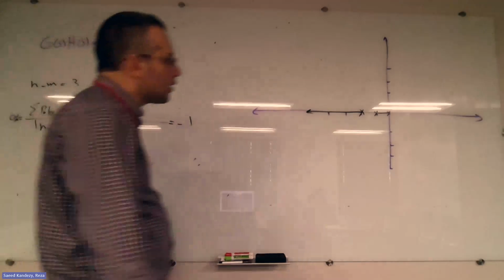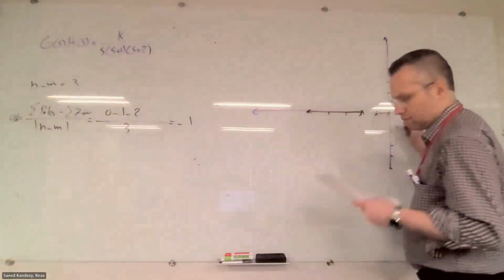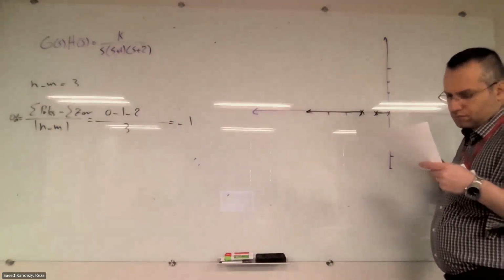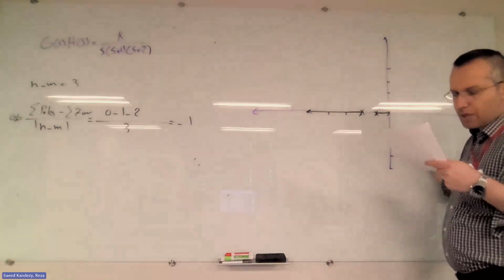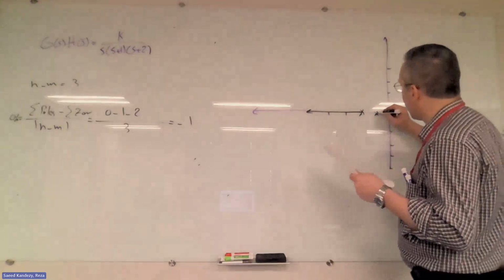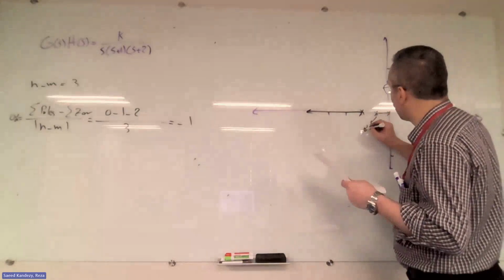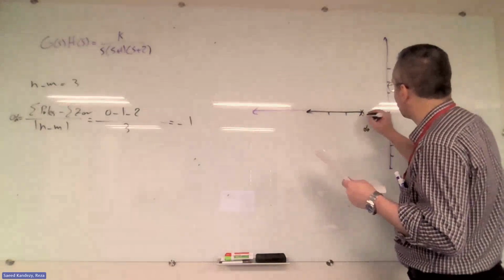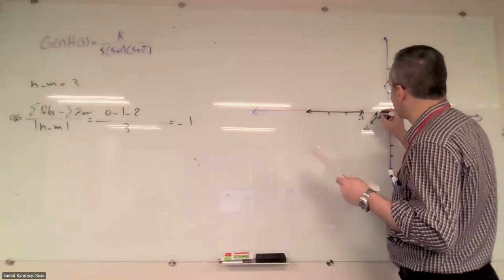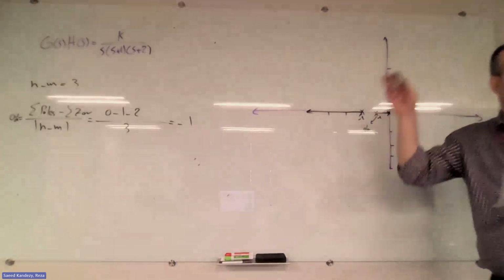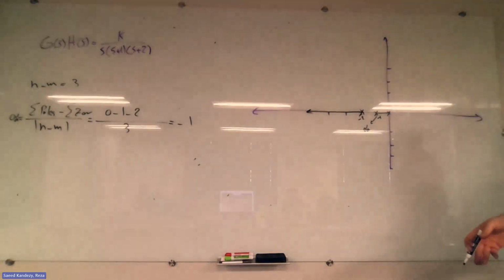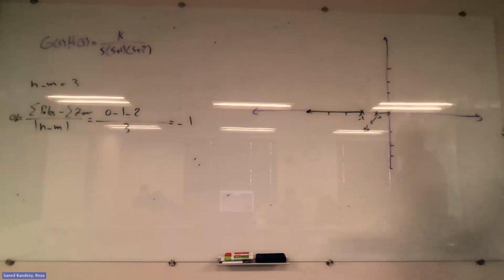So at -1, this is also my sigma A. At this point, I have my asymptote crossing the real axis.